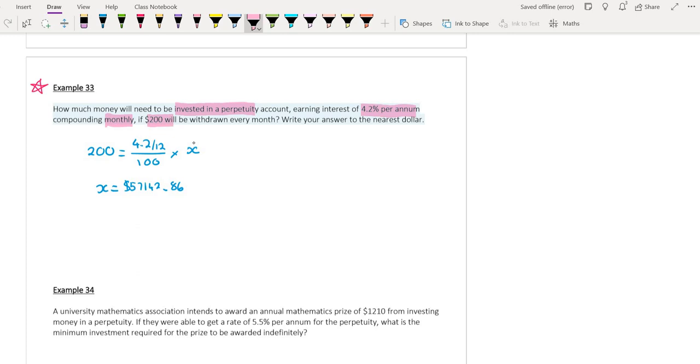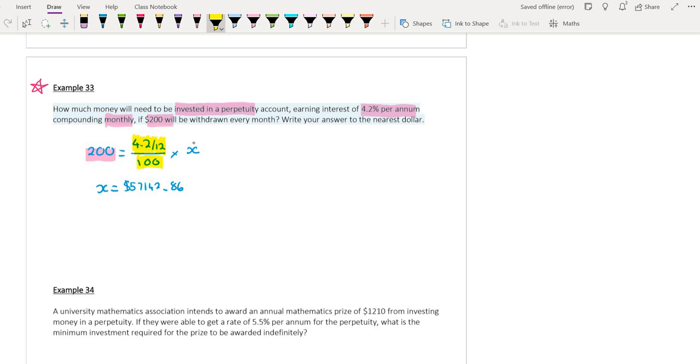That means it's a perpetuity. We're only withdrawing the interest, so it's telling you that $200 is the interest it's earning every month. We're working backwards, where we know the interest and we know the interest rate, 4.2 divided by 12 because it's monthly.